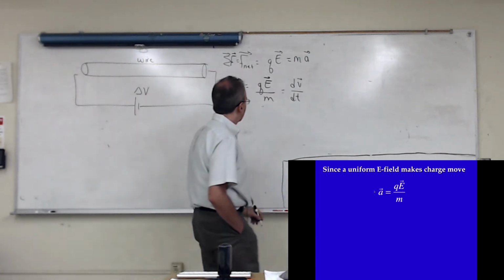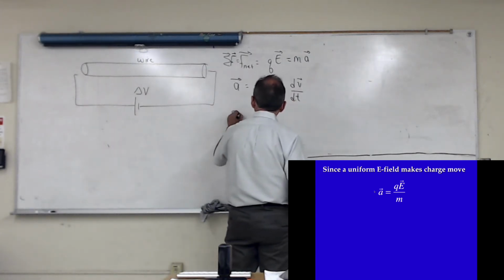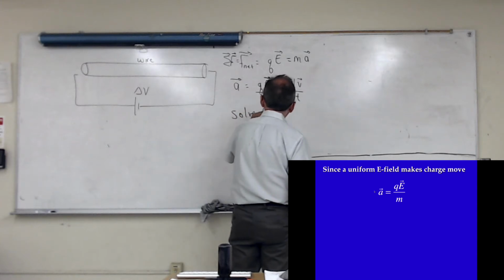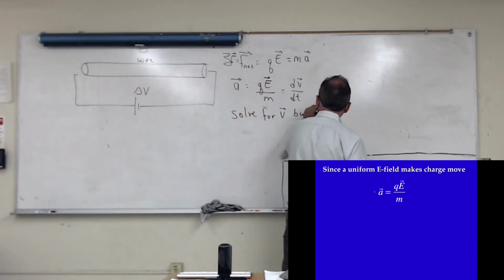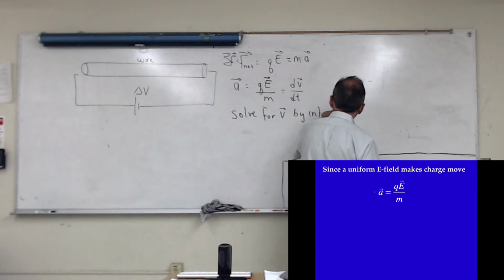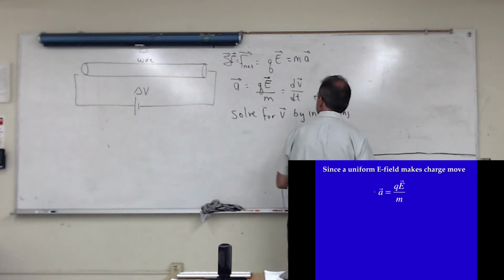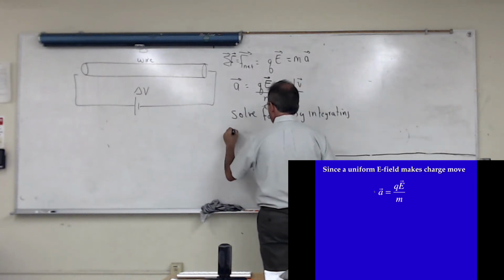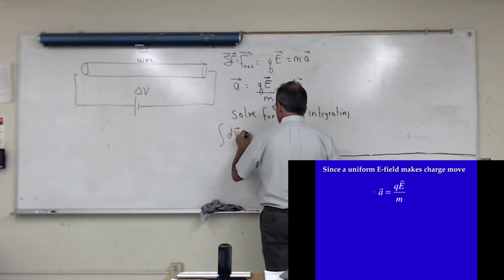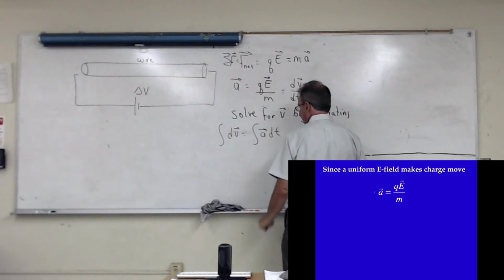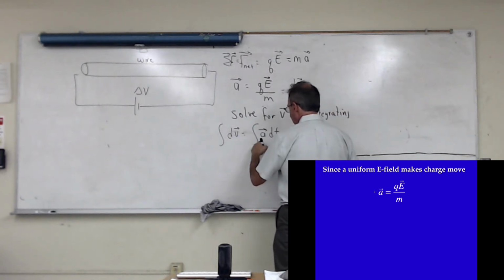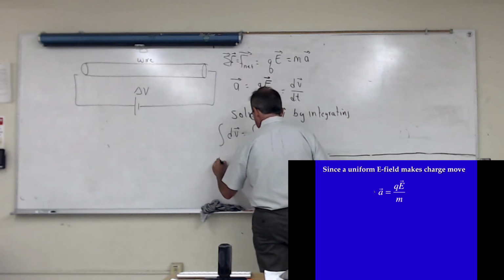So if we solve for v by integrating, then I get the integral of dv equals the integral of a dt. So this is going to give me a constant of integration.